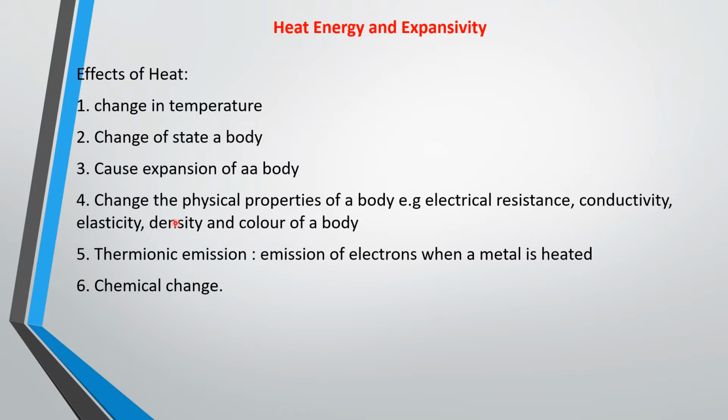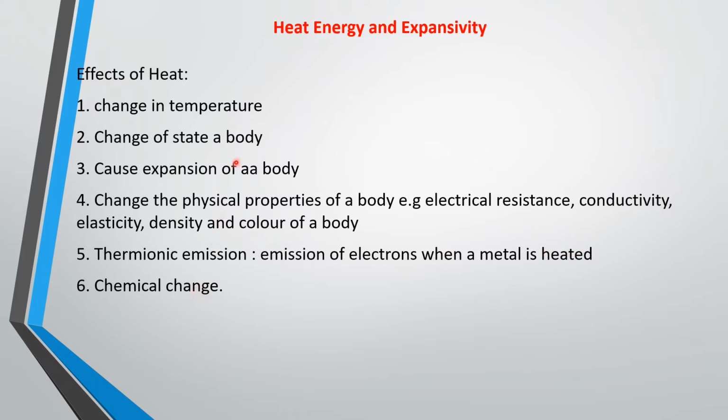It can also change the physical properties of a body, like the electrical resistance, electrical conductivity, elasticity of material, density and color of some liquids or substances. Heat can cause a change in all these physical properties of some substances. It can also lead to thermionic emission, that is emission of electrons when a metal is heated. Then it can also lead to chemical change.